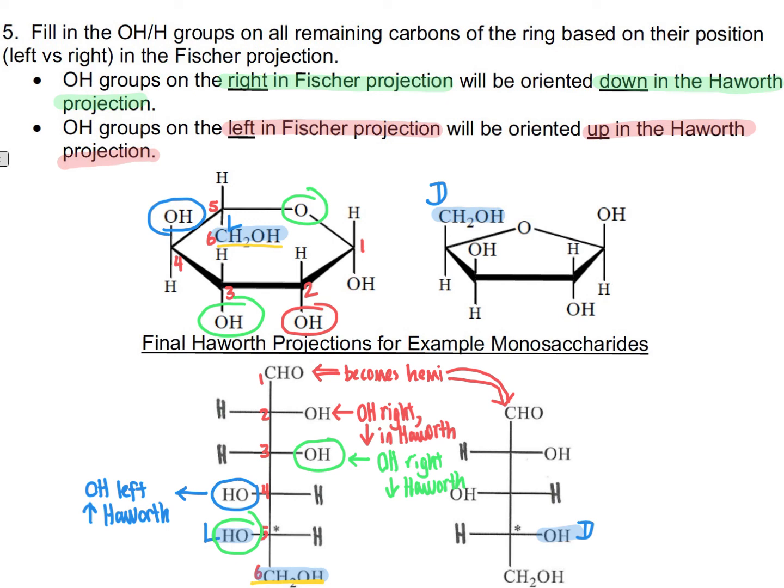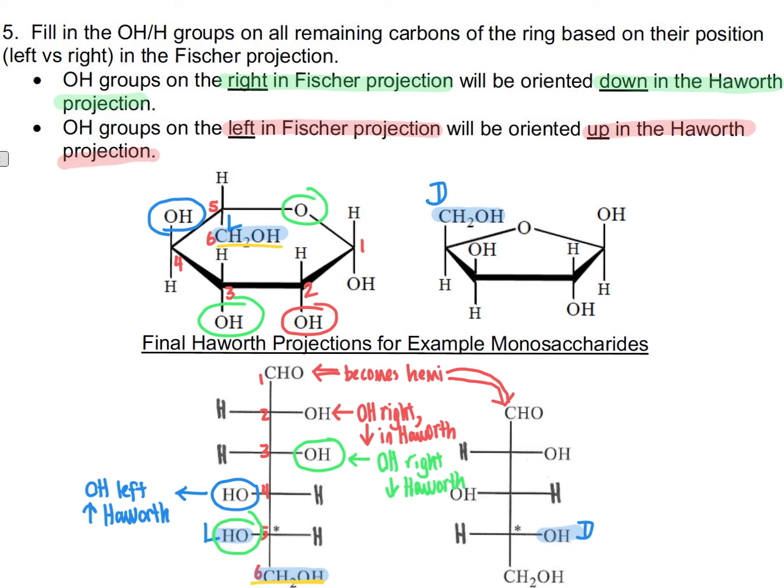And then position 5 is where the ether bond forms. At position 5, that is what determines the D versus L configuration. We looked previously and said that if it's L, then the CH2OH group is going to be oriented downward. If it's D, then the CH2OH group is oriented upward to finish off drawing the Haworth projection of these molecules.